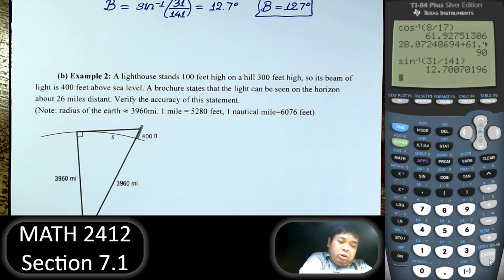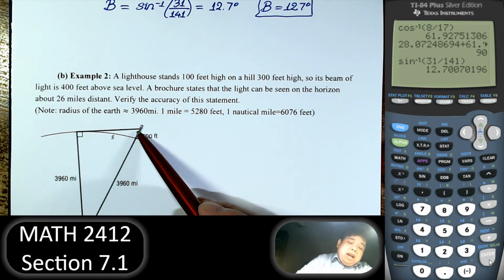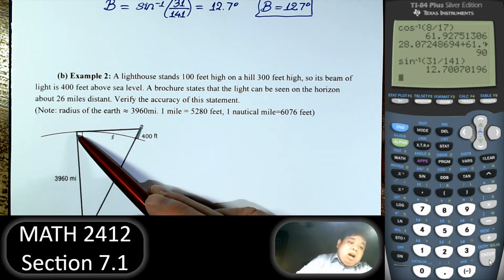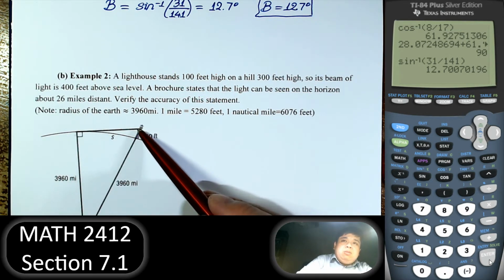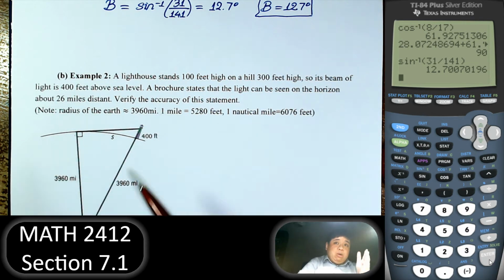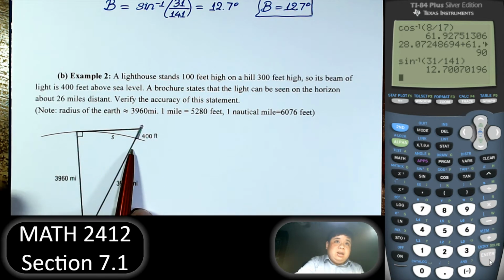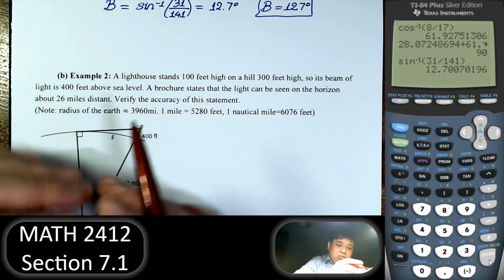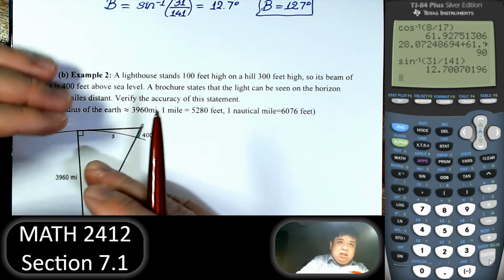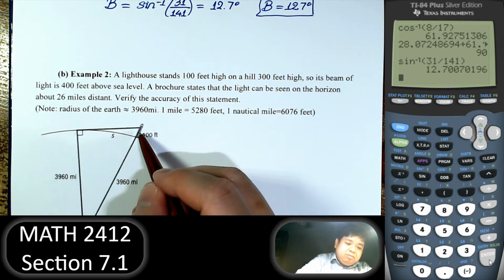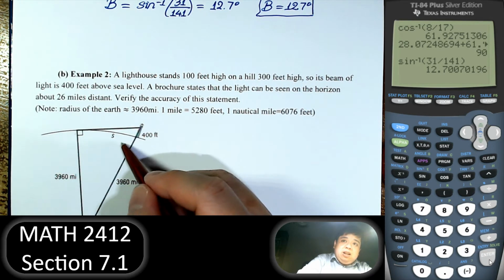And the brochure states that the light from the lighthouse can be seen 20 miles away. So of course the purpose of the lighthouse is so the ship can see it, because the lighthouse is usually built right next to the shoreline. So when the ships see the lighthouse, they know where the shoreline is.